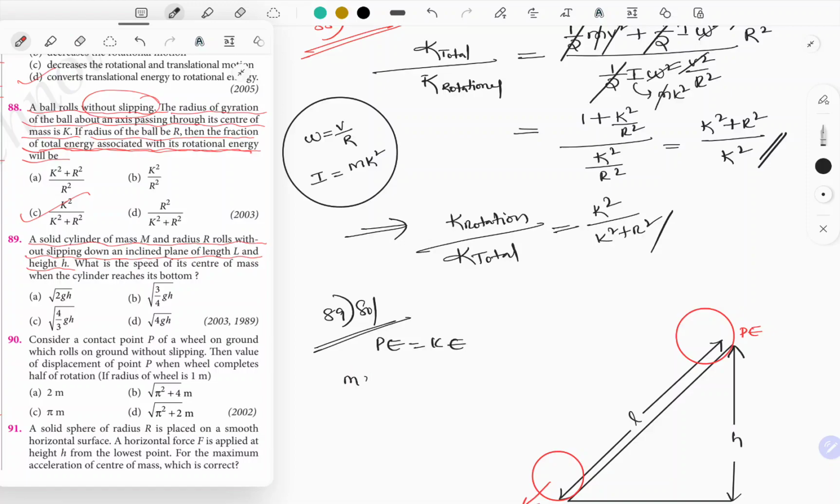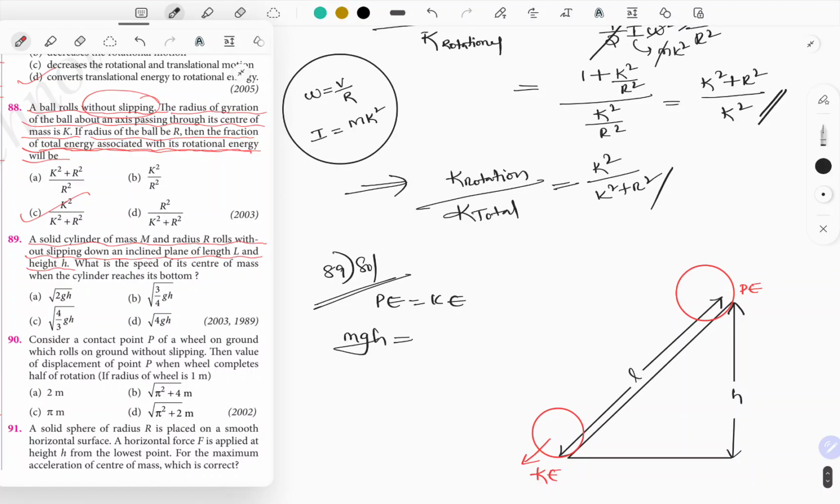So potential energy mgh is equal to kinetic energy. As it is rolling without slipping, it has two types of energies: translational kinetic energy, 1 by 2 mv square, and rotational kinetic energy.